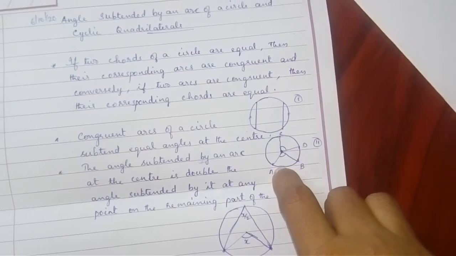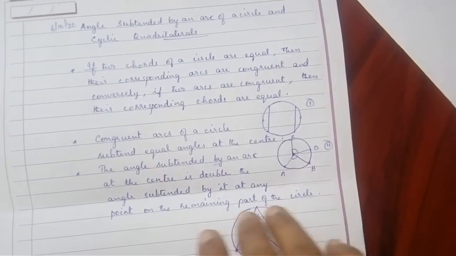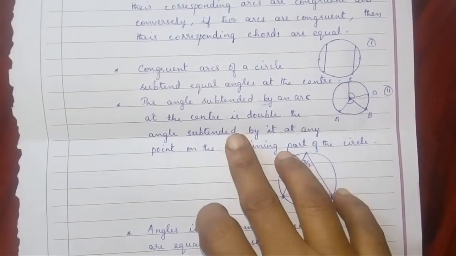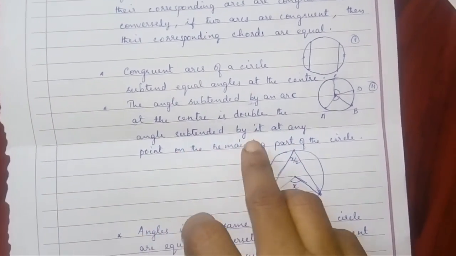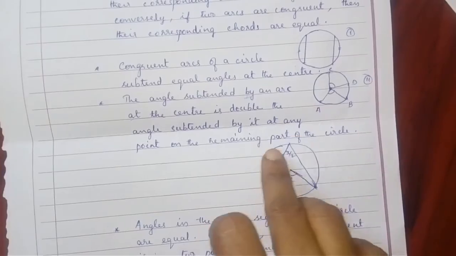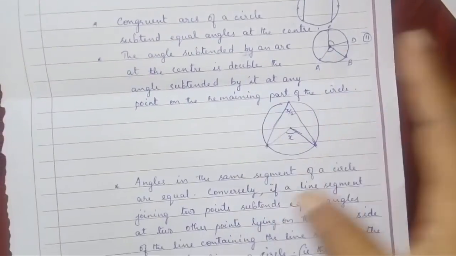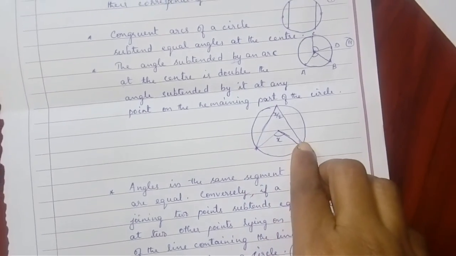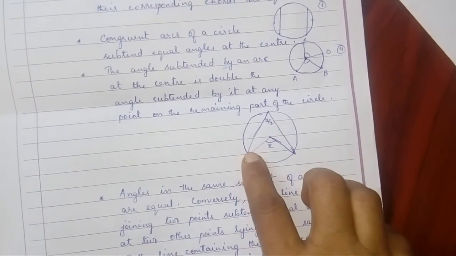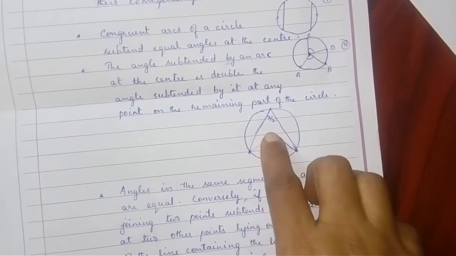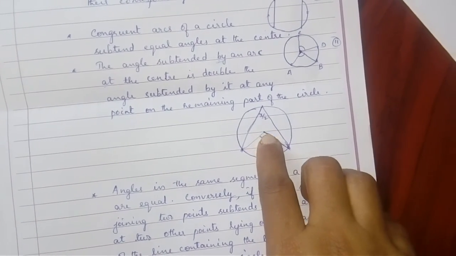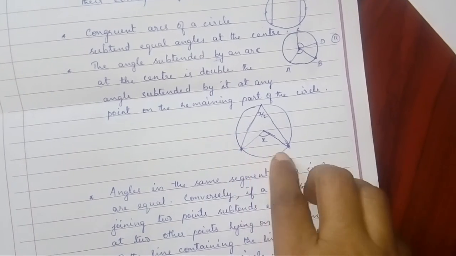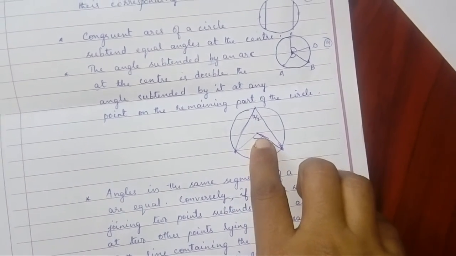are also equal. The next one: the angle subtended by an arc at the center is double the angle subtended by it at any point on the remaining part of the circle. We can see here one arc. This arc subtends one angle at the center. This is the center of the circle. So, x is the measure of the angle subtended by the arc at the center.